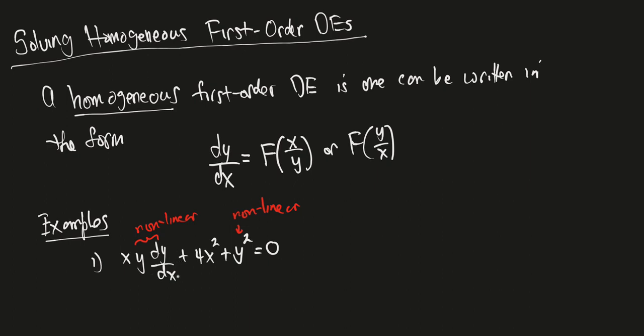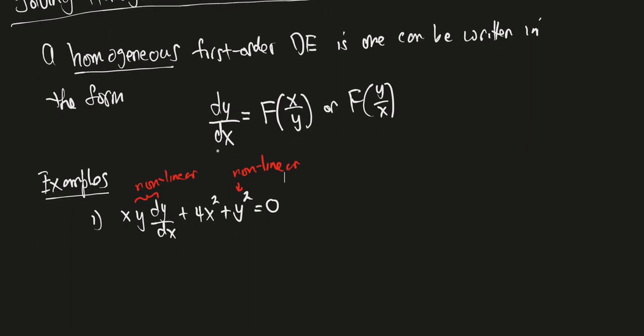So let's go ahead and solve for dy dx, right? Let's put this in normal form and see what happens, right? So first, let's subtract the 4x squared and the y squared. Let's move those terms over.